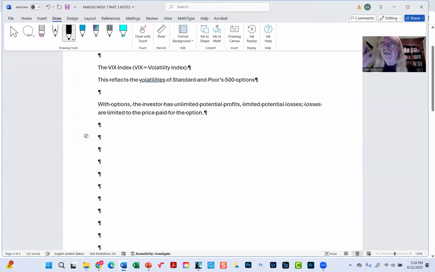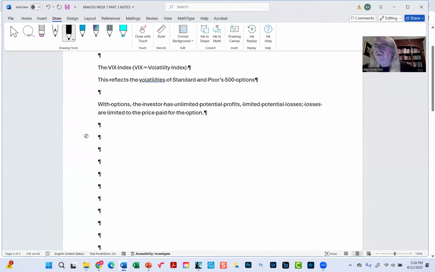But there's no upside maximum. In other words, if you own the right option, let's say you buy a call on gold and it spikes up to $4,000 an ounce, that's all going right in your pocket. But once the gold price falls below the strike, if it got to zero, it doesn't matter how far down the price goes. And so it's that asymmetry that drives the relationship between volatility and options.